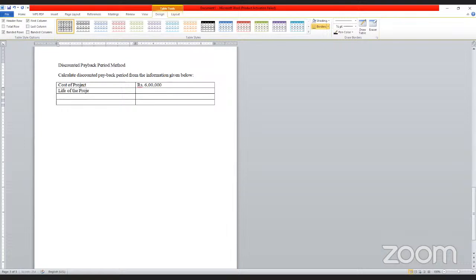Life of the project: 5 years. Annual cash inflow: rupees 2 lakhs. Then cut off rate: 10%.